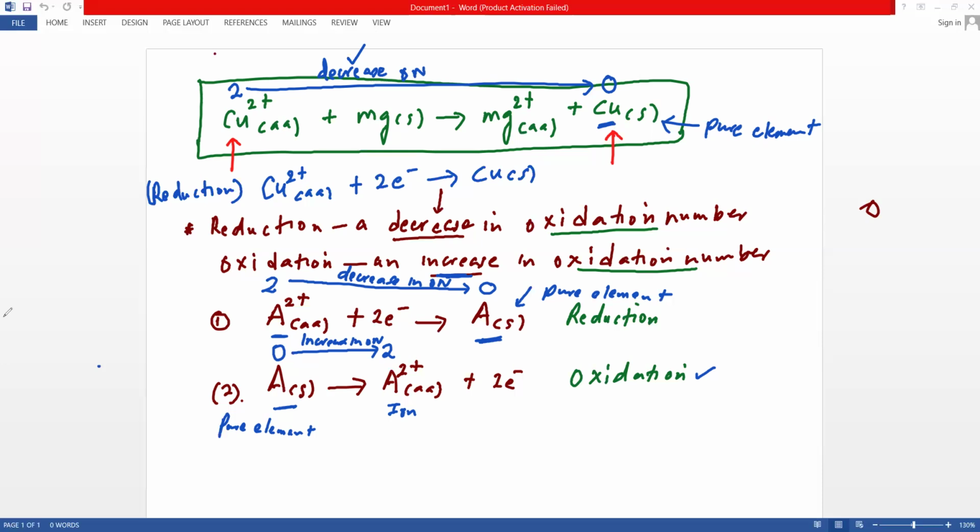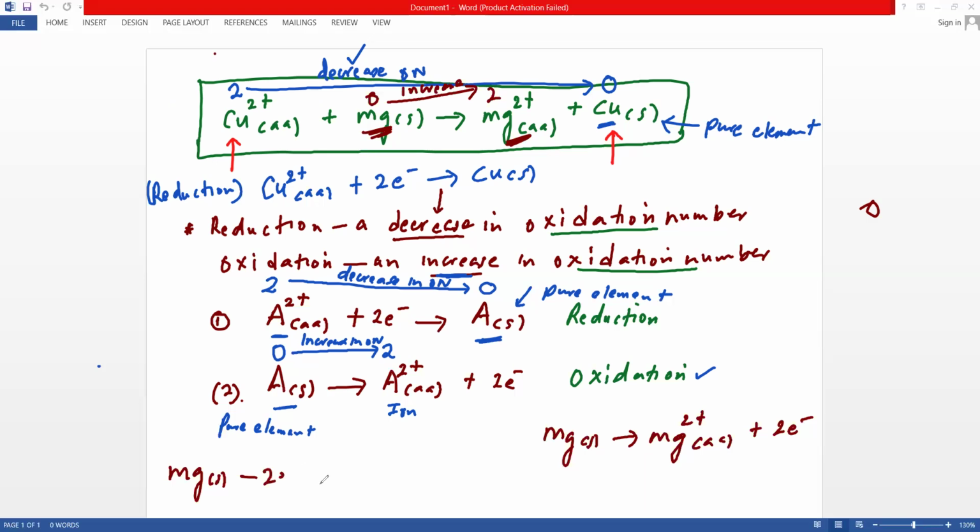But now let's compare magnesium and magnesium ion. Magnesium is a pure element, so its oxidation number is 0, but this one is an ion, so it's 2. You see that the oxidation number has increased. And we know when there's an increase in oxidation number, it means the substance, magnesium, has lost electrons. How many electrons has it lost? 2 electrons.